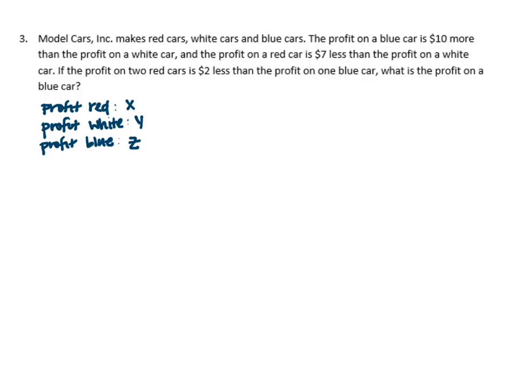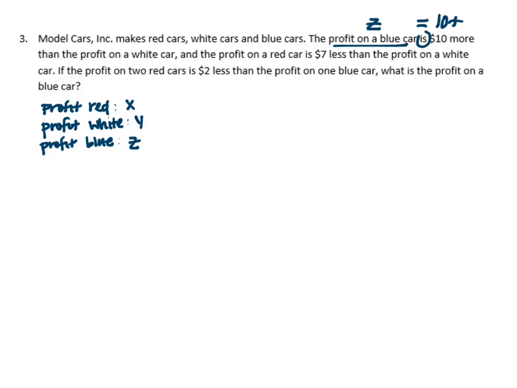So then the next thing we're going to do is to chunk out the information that we were given. So we know they make three different colors of cars. And the first thing that we're told in the next sentence is that the profit on the blue car, well, we indicated that to be z, equals $10 more than, so we're going to write 10 plus the profit on a white car.